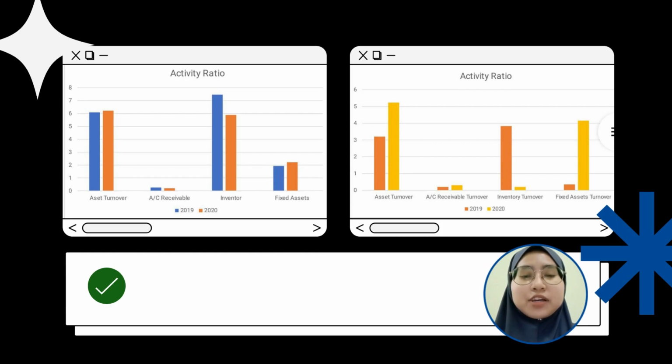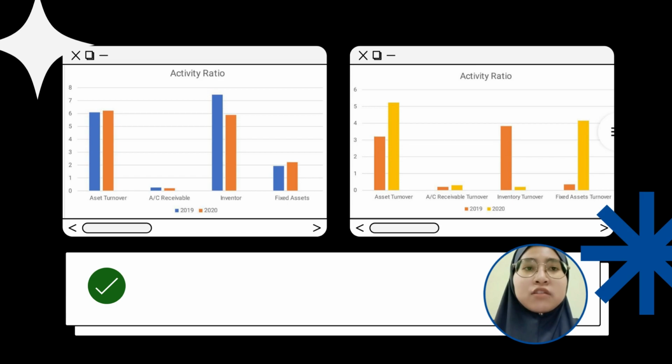From this ratio and activity ratio for IOI Group, the asset turnover ratio increased from 6.09 to 6.22 in 2019 to 2020. The account receivable turnover has increased in 2019 to 2020 from 0.26 to 0.20.